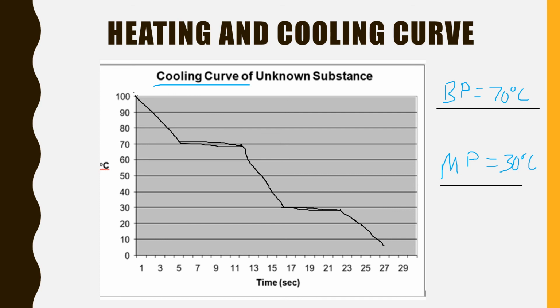So what's happening here? We're cooling a gas. We're condensing. Then we're cooling a liquid. And then we're freezing. And then we're cooling a solid. So whether it's a heating curve or a cooling curve, you always have 5 sections, and this is always going to be the order of the sections.